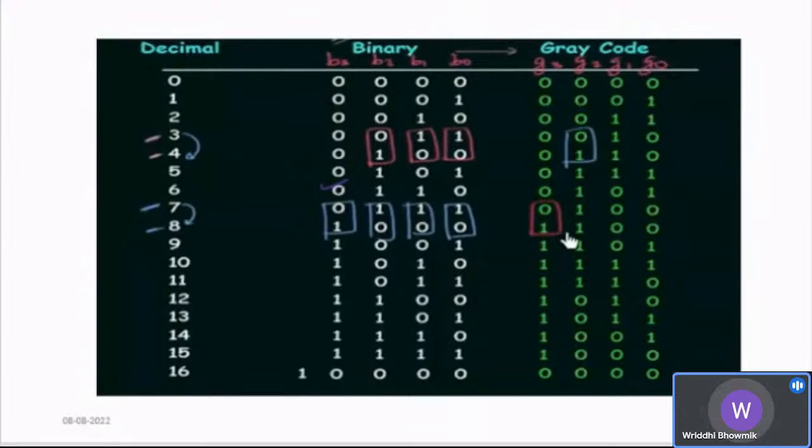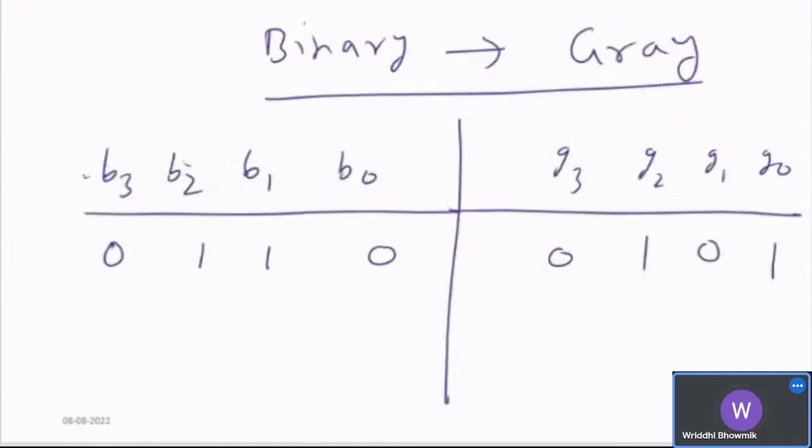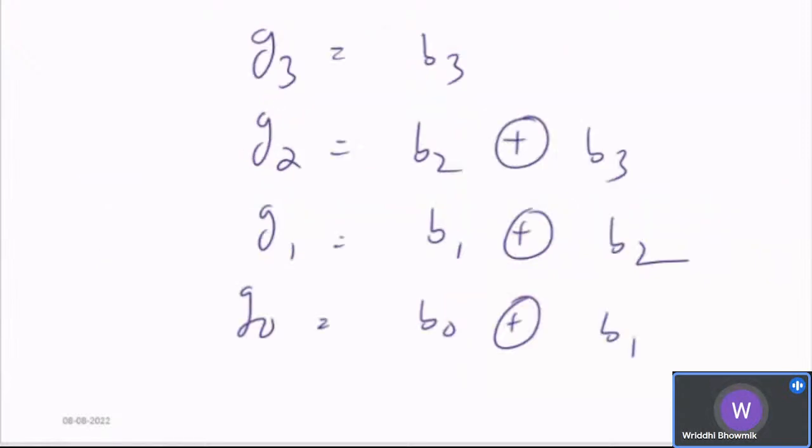This 0, 1, 1, 0 and the equivalent gray code is 0, 1, 0, 1. So you have to keep the MSB as it is, and the rest of the bits can be calculated by the XOR operation.